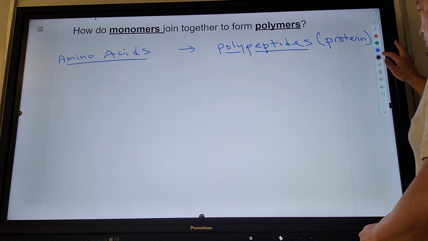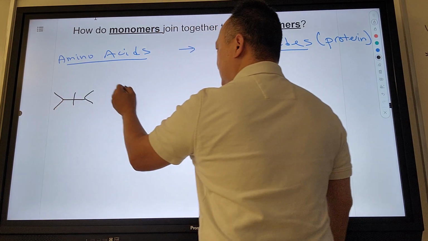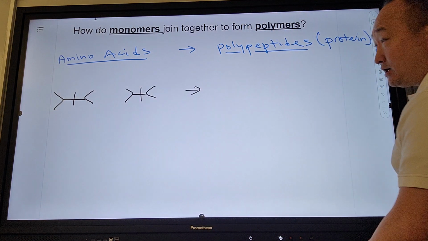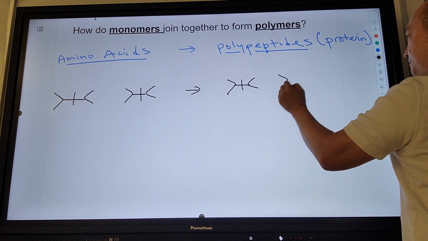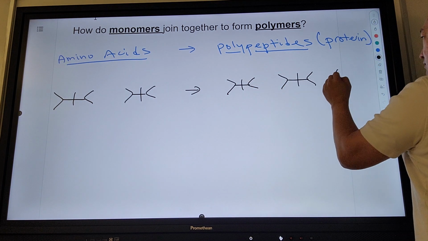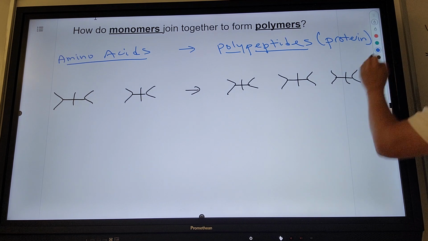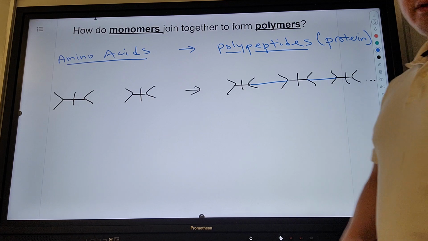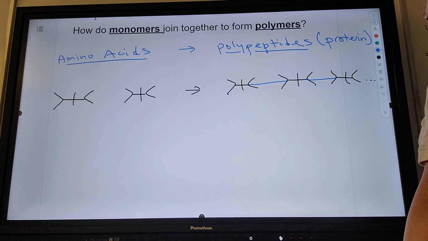All right, so we simplified amino acids like this. And so how do those monomers, those amino acids, link up to form this polypeptide chain, which will eventually fold and take its shape and become a protein?